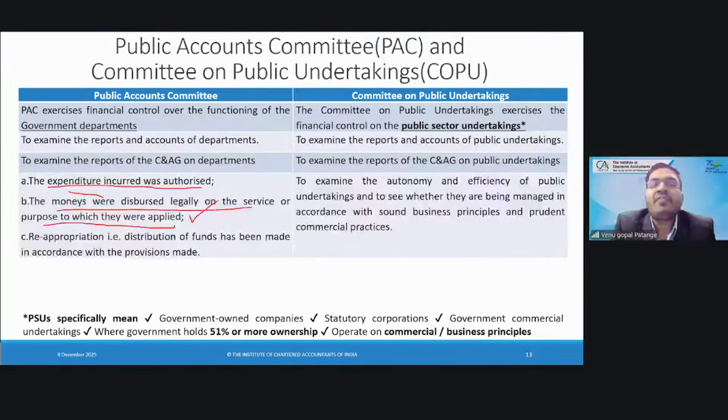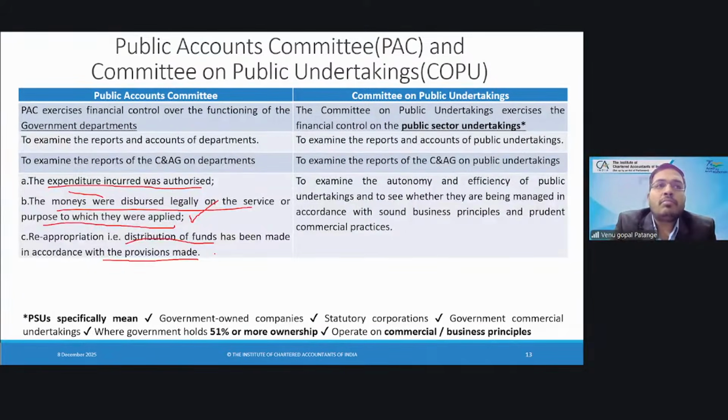If you have taken it for laying roads but utilized it for some other purpose, even in CARO, in audit, we discuss this. The purpose for which you obtained the money, the same purpose you need to utilize that money. Reappropriation and distribution of funds must be made in accordance with the provisions made.